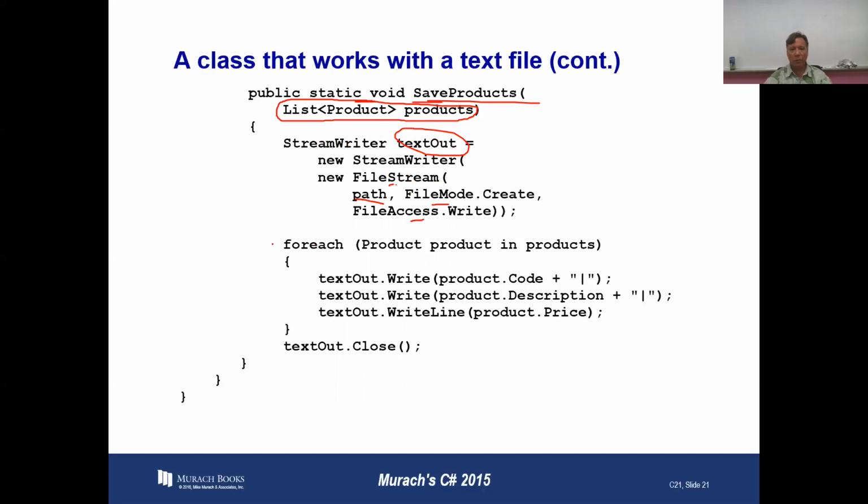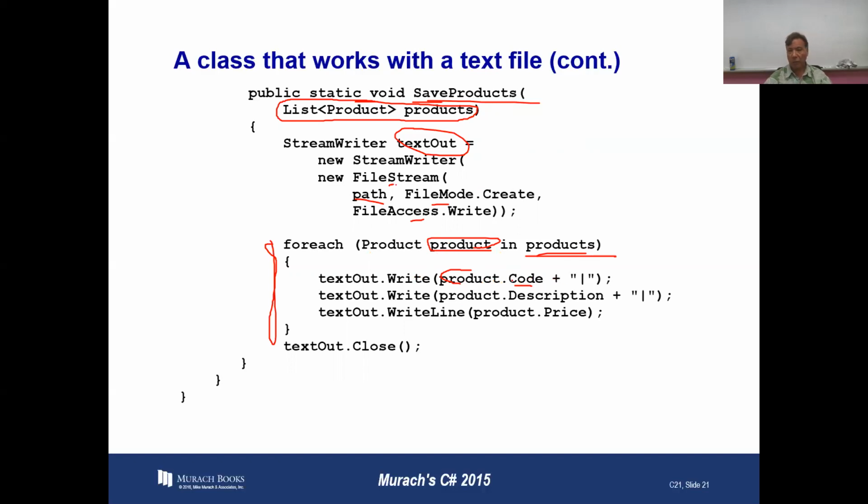So then we loop through all of the products in this products list, one product at a time, and it takes the first property, which is the code. It takes the code property.